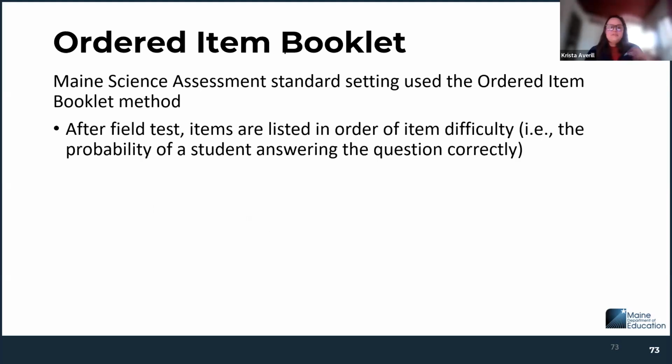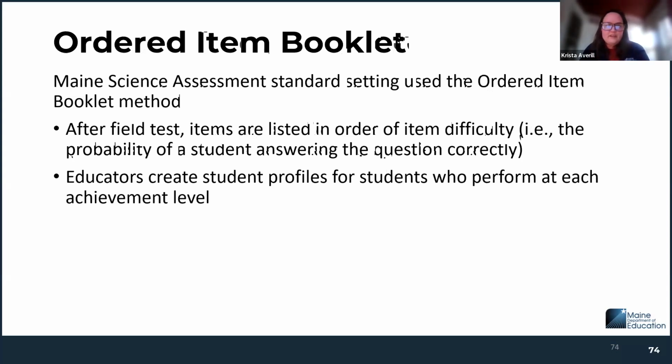So essentially, after the field test, items were listed in order of item difficulty or the probability of a student answering the question correctly. Then educators looked at these achievement level descriptors that had been provided. In some cases, they made some little edits to finesse them. And then they created student profiles for students who would perform at each achievement level.